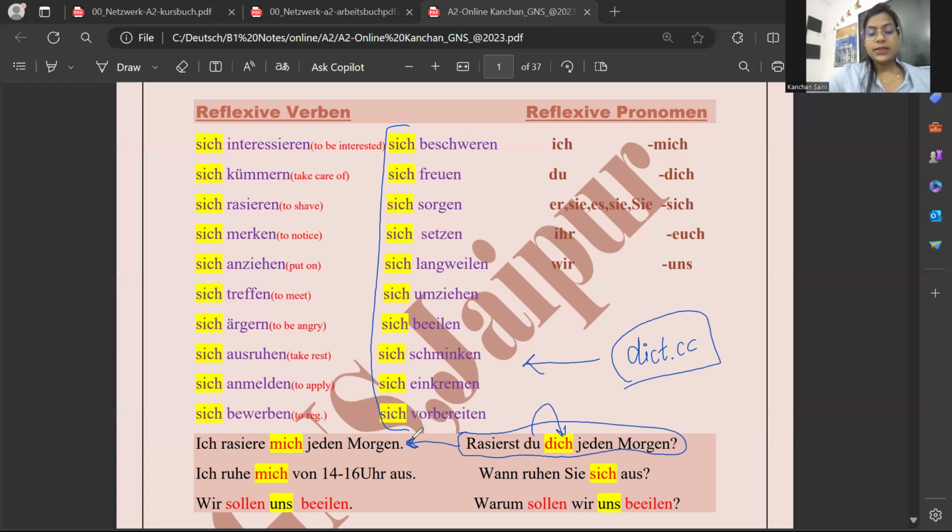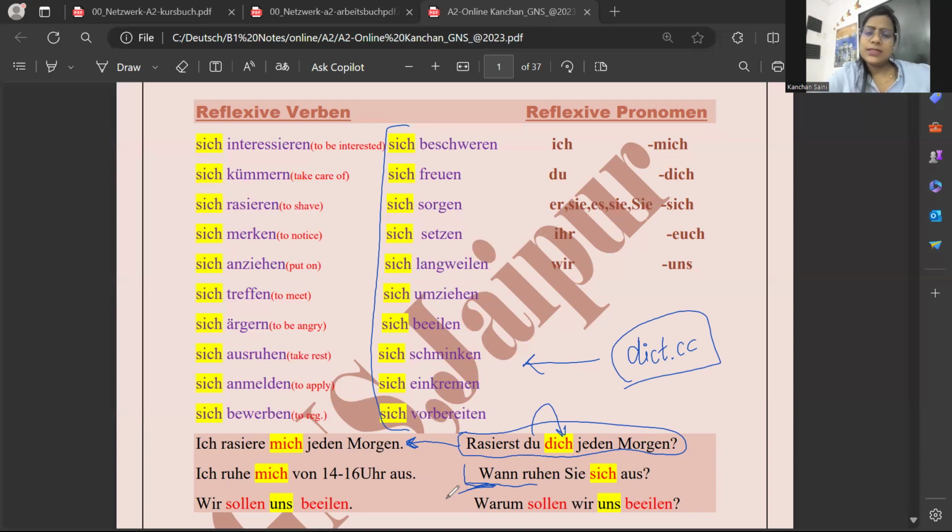If we have a W-Frage, let's have a look. Next sentence we have a W-Frage: Wann ruhen Sie sich aus? The verb here is ausruhen, and ausruhen is a trennbar verb. Trennbar verb prefix always goes at the end.